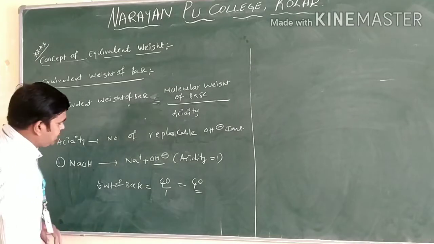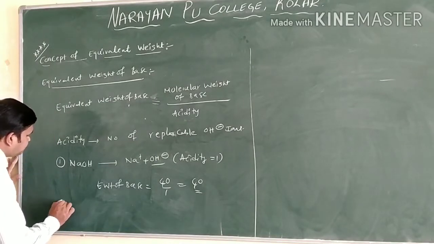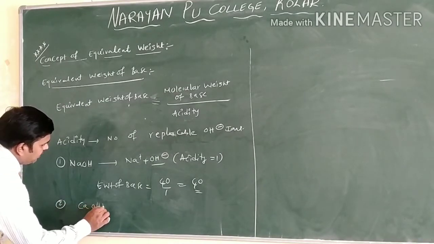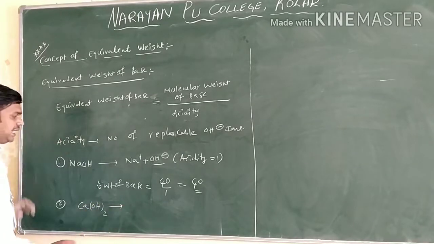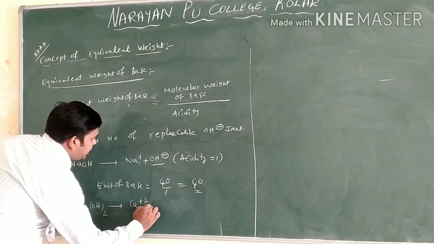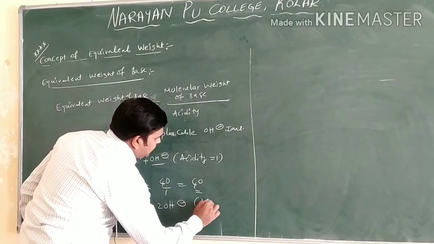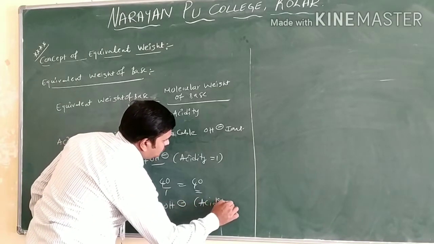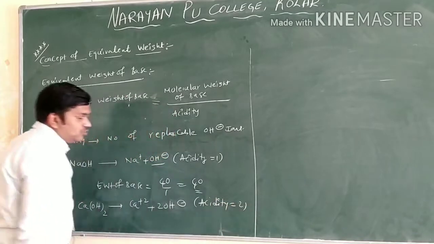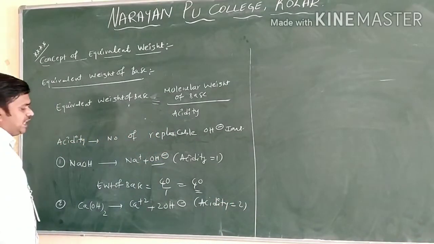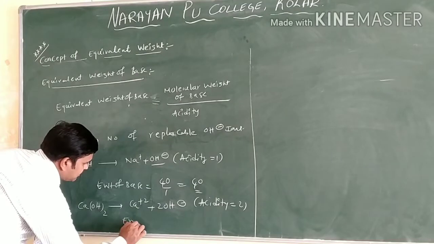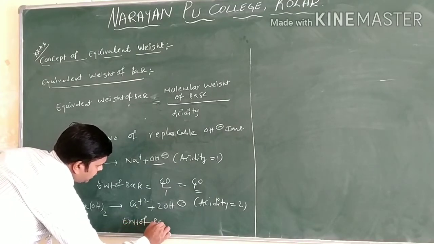Let us see one more example. Suppose I am writing here calcium hydroxide. Calcium hydroxide dissociates into Ca2 plus and 2OH minus. I will write here acidity is equal to 2 only. Now we can find out the equivalent weight of base.